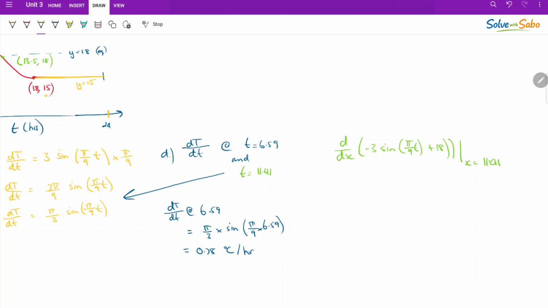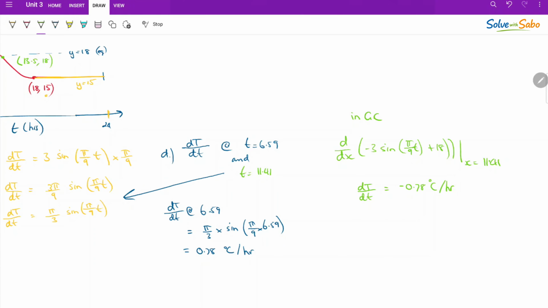And what your calculator will do is it will do the derivative for you, then it will substitute 11.41 into your calculator, and then it will give you an answer for what this is equal to. What is the derivative at 11.41? Which is an answer of negative 0.78 degrees Celsius per hour.